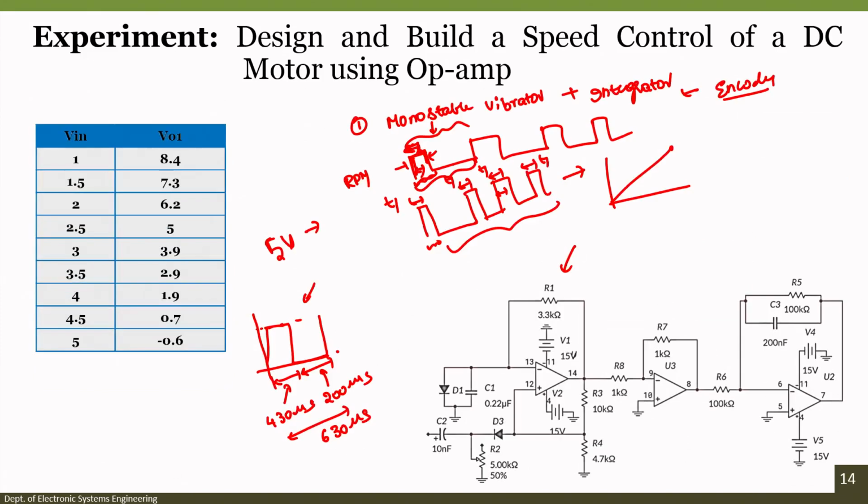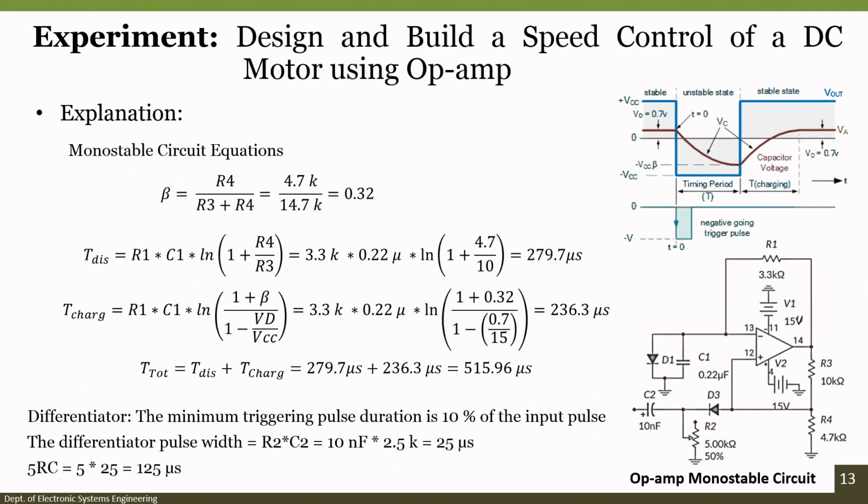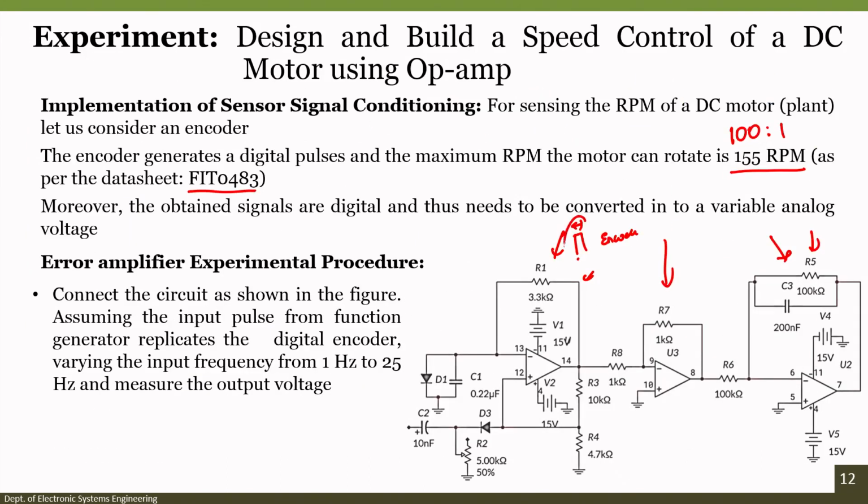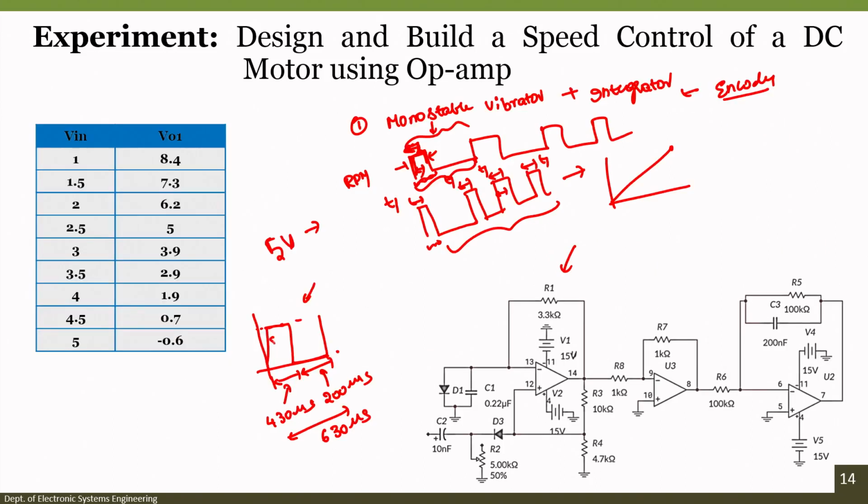Because of that reason, the on time of the monostable multivibrator should be smaller than the on time of this pulse. In this case, the total pulse on time here is 430 microseconds, so T1, the on time of the monostable multivibrator, should also be less than 430 microseconds.